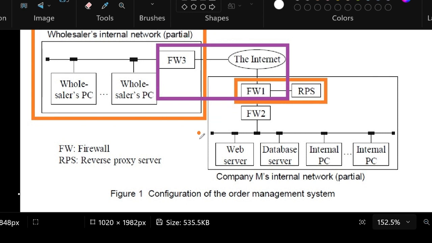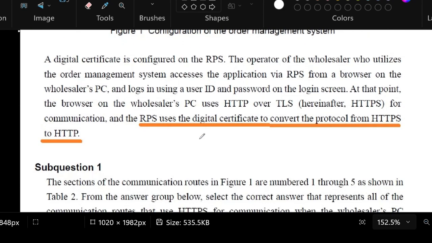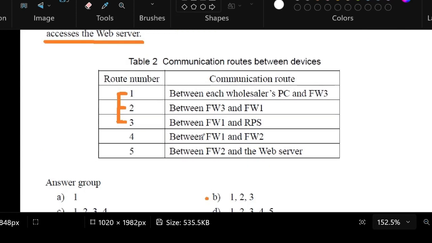Okay, so we need to choose the correct answer among the choices, and I think the choices would have the parts here, the routes. So we've got the wholesaler's PCs and FW3. FW3, we remember, is the firewall in the portion where you have the wholesaler's PCs.